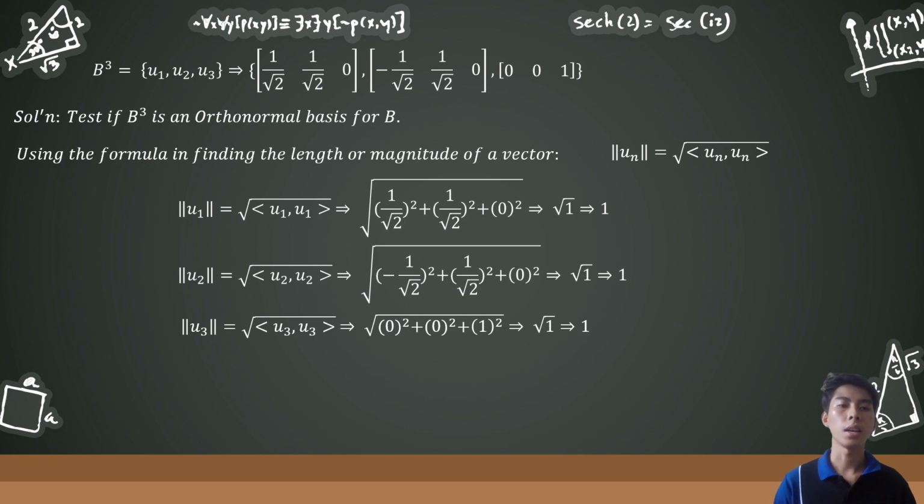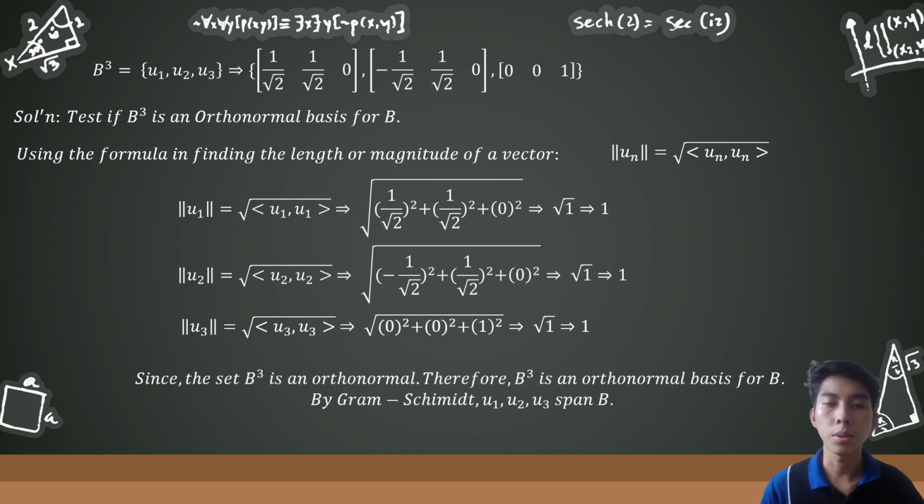So the set b raised to 3 is an orthonormal basis. Why? Because all the unit vectors for b raised to 3 have a result equal to 1. Therefore, it is an orthonormal set. Therefore, b raised to 3 is an orthonormal basis for b.